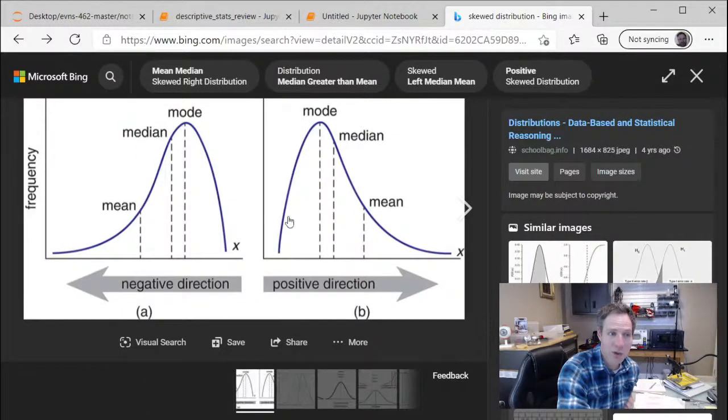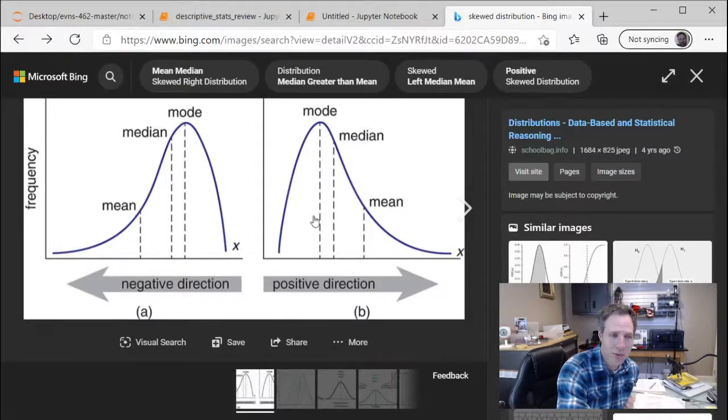That's a result of symmetry. But if you have a distribution that's skewed, this type of distribution is called skewed right, or positive skew, which means it has a long tail in the positive direction. And this is skewed left because it has a long tail in the negative direction, or negative skew.